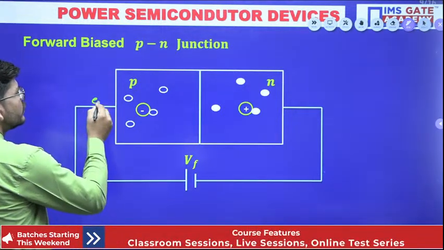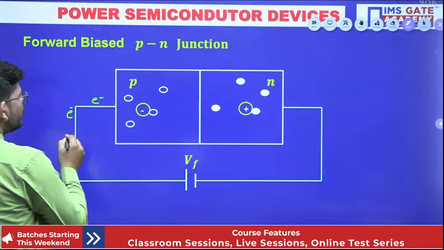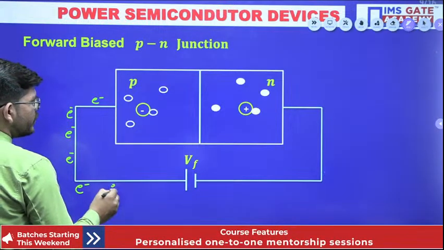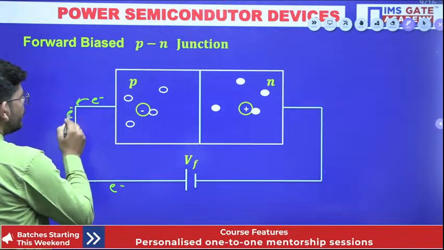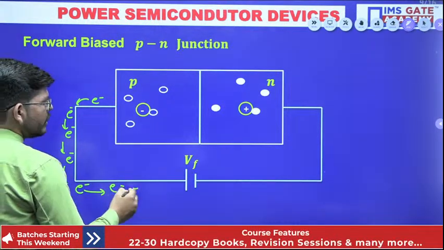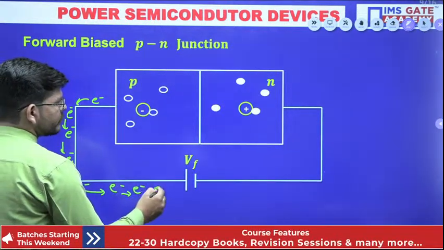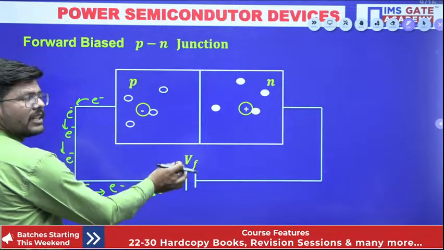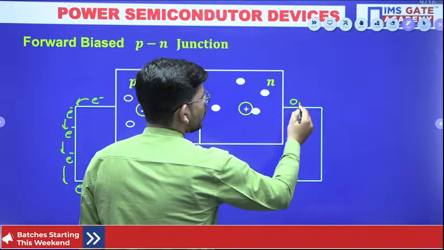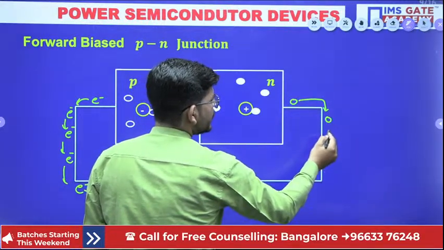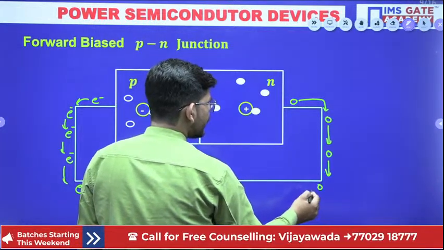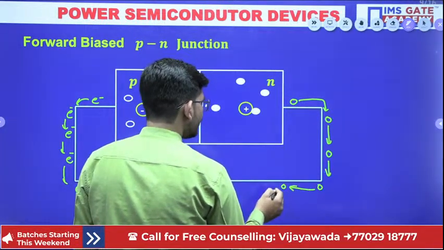The electrons will get attracted towards the positive terminal of the battery, so they will be moving in this direction. Similarly, the holes will get attracted by the negative terminal of the battery.